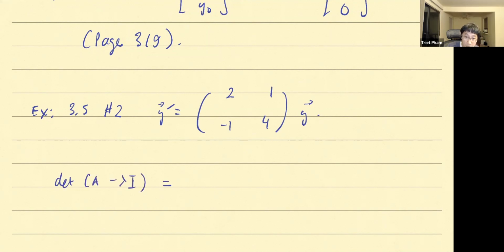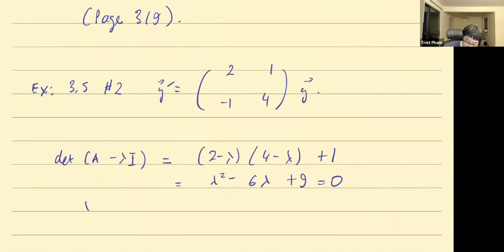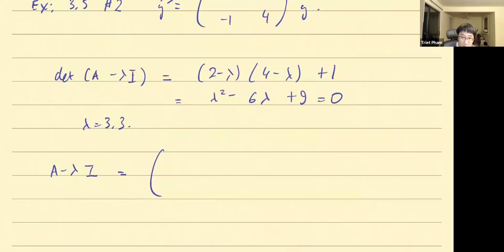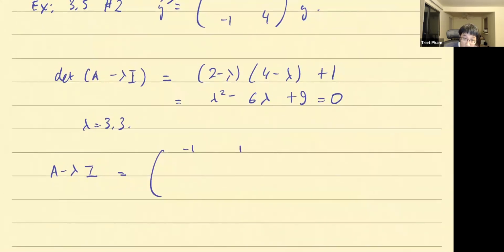Just repeating what we did last time, when you look at the determinant of A minus lambda I, you got (2 minus lambda)(4 minus lambda) plus 1, which is lambda squared minus 6 lambda plus 9. And so you got lambda equals 3. So if you look at A minus lambda I, you got minus 1, 1, minus 1, 1.